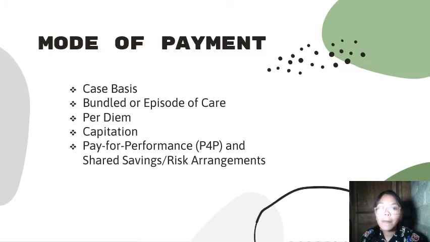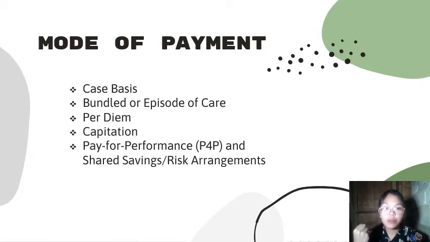Fifth is payment for performance or P4P and shared savings or risk arrangements. Such arrangements are becoming more frequent, reflecting a trend toward rewarding providers for enhancing the value of their services.